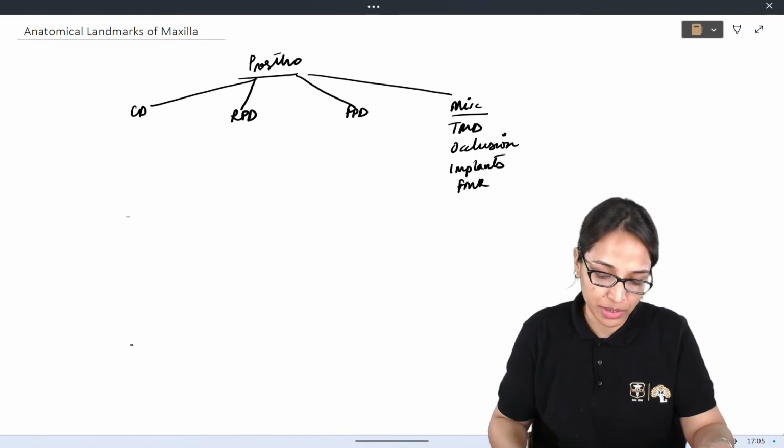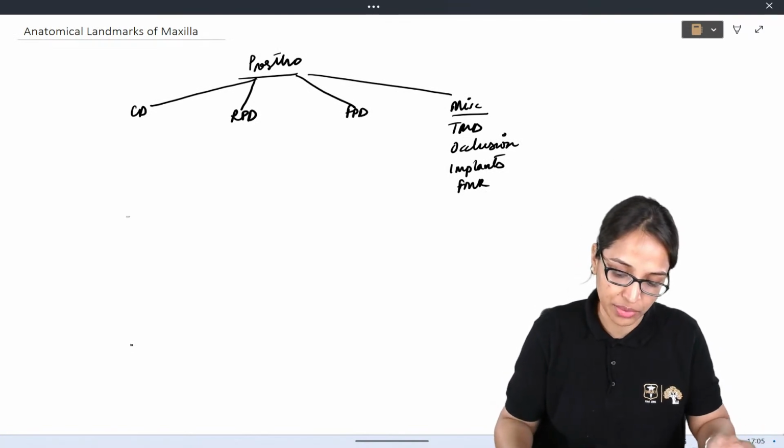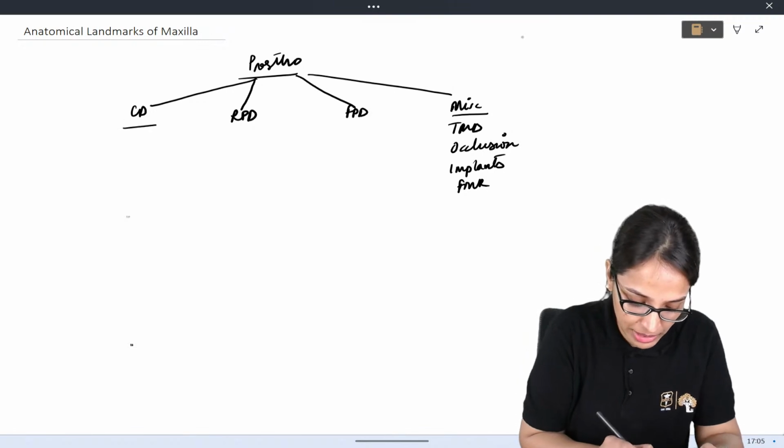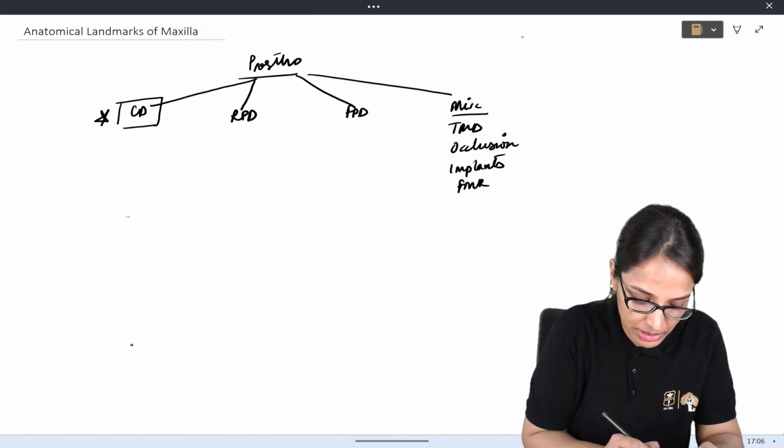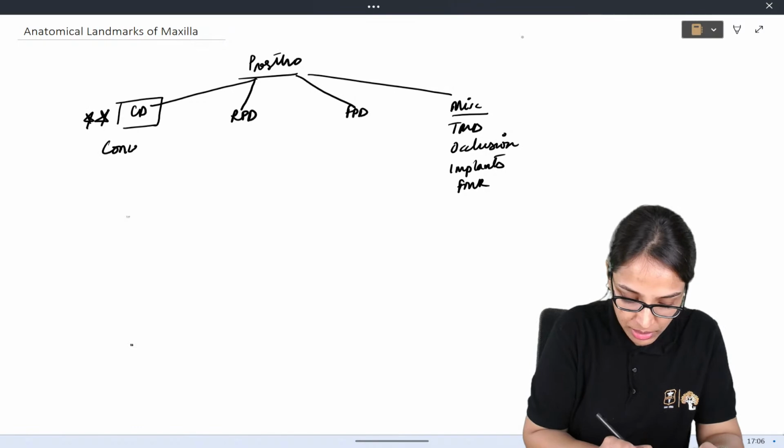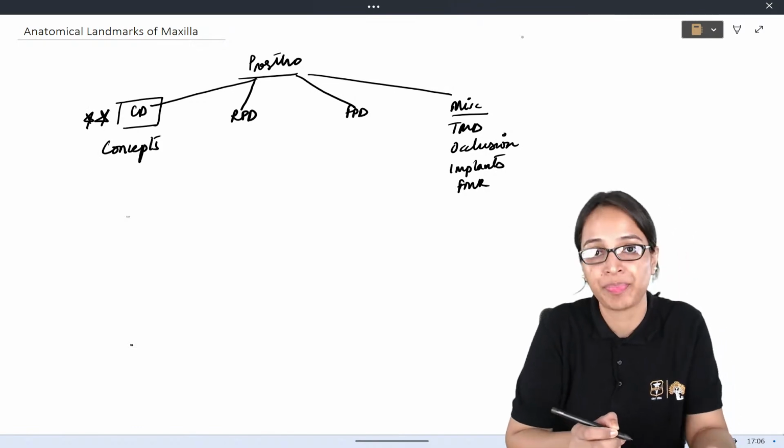Now, what I have observed as a trend in prostho over the course of the last few years is that the main weightage is given to conceptual questions from CD.